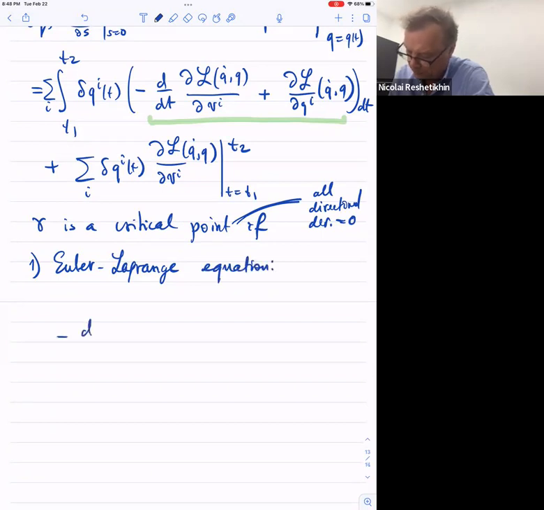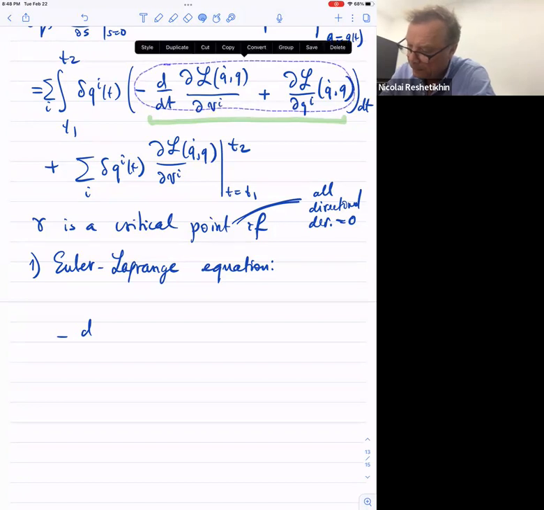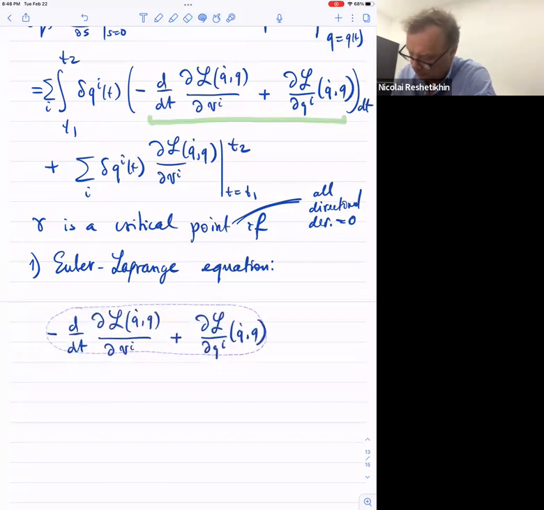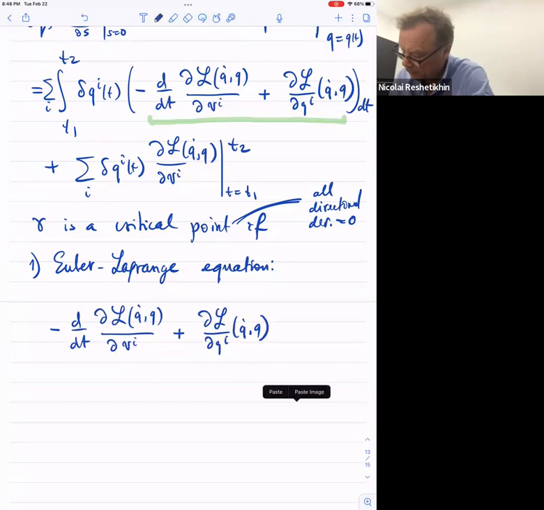So this is, well, I'll use the beauty of this program, so I'll write it like this.